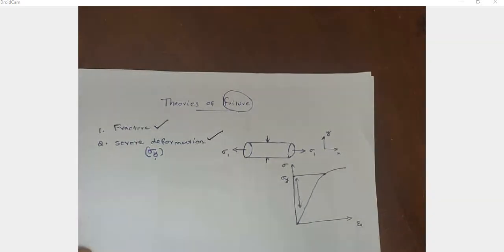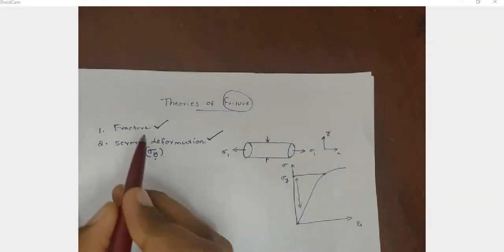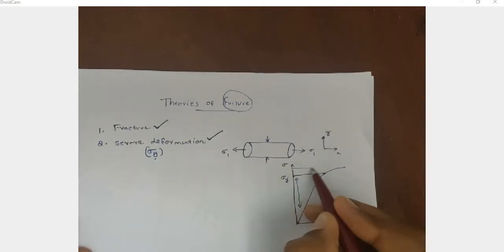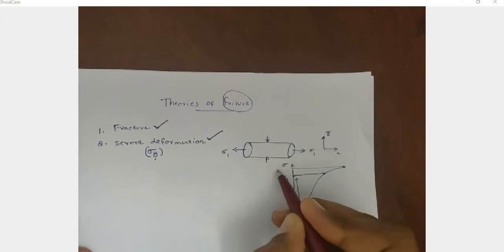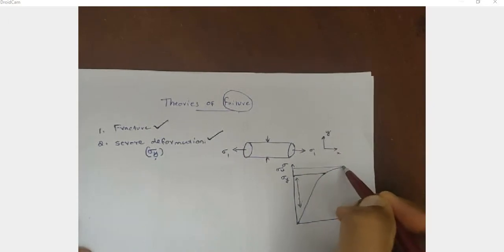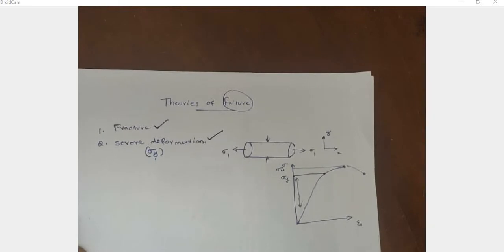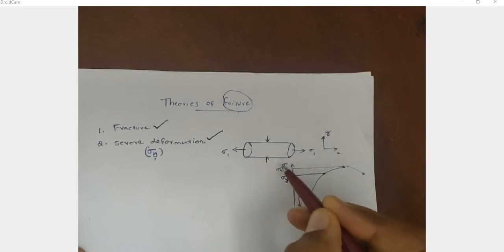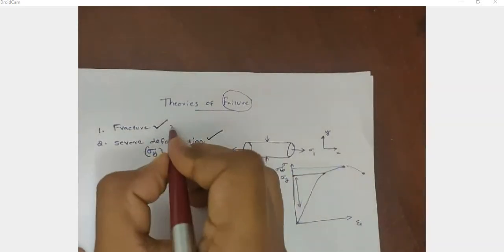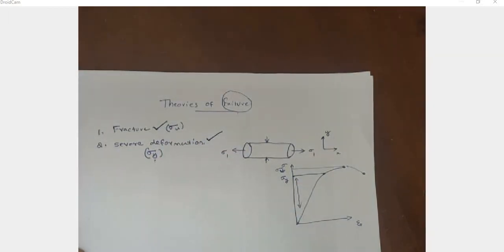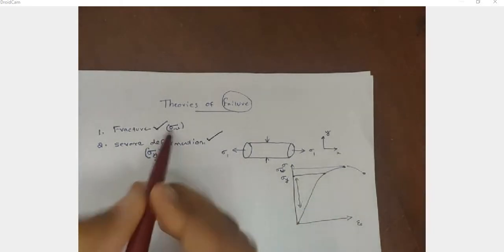And if deformation is allowed and we consider only fracture, then the design criterion will be sigma u, the ultimate stress. We know after the ultimate point the necking is formed and the material fractures or fails. This is the maximum stress carrying capacity of that material. So sigma u is the fracture condition. If you want to resist only fracture, with deformation allowed, then we can design based on sigma u.